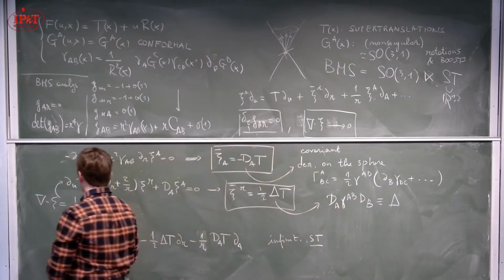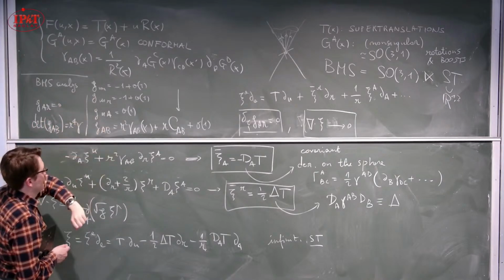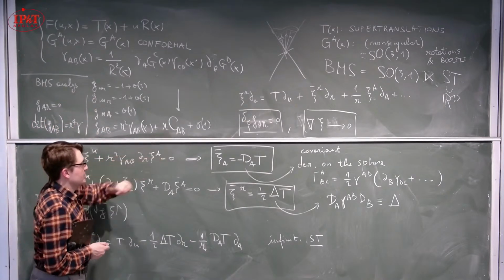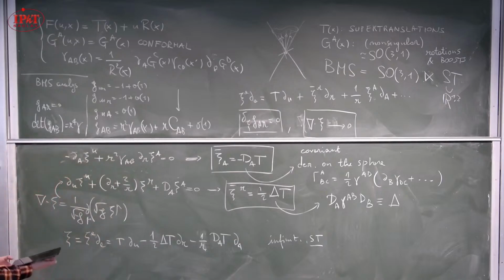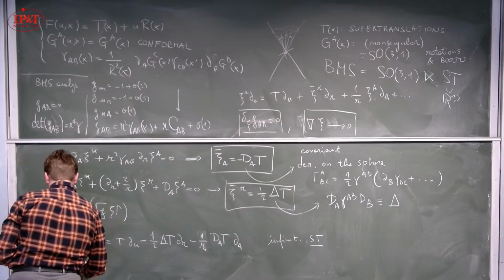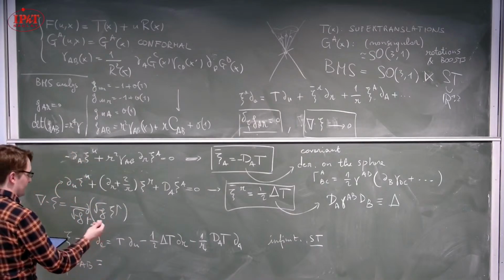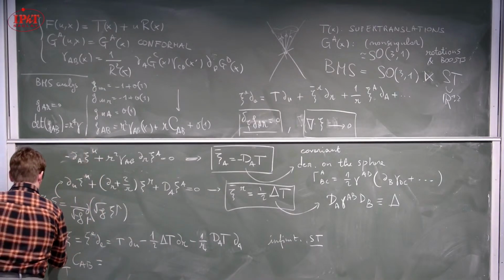And then you can use this vector, take the Lie derivative of the metric in order to deduce how this C_AB changes under a supertranslation. This is again a simple exercise, so let me try the variation of this C_AB, which follows from the Lie derivative of this.